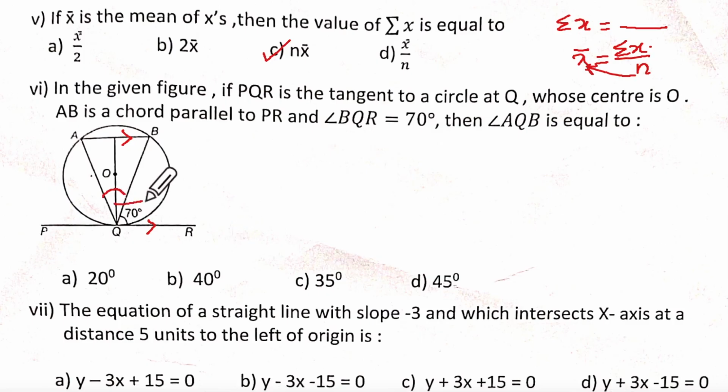Now out here, this is going to be 90. Reason is radius at the point of contact is perpendicular. So how much is this angle? 20 degrees, correct? This is parallel to this.